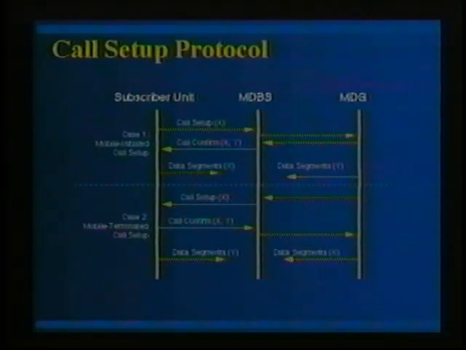The call confirm says, okay, for that particular identifier, this is the associated identifier for data flowing in the reverse direction. Then data segments going in either way quote the appropriate identifier. A similar procedure happens if the call is set up by the network instead of by the subscriber unit.